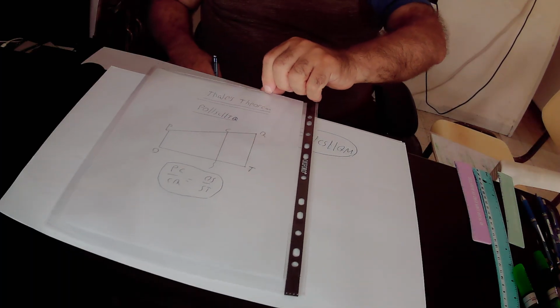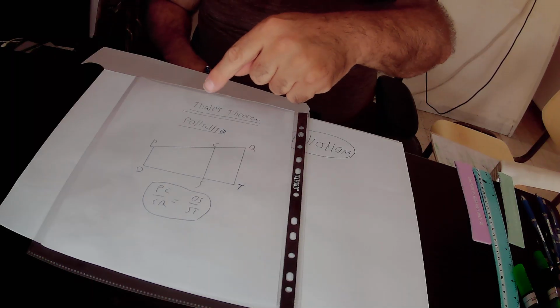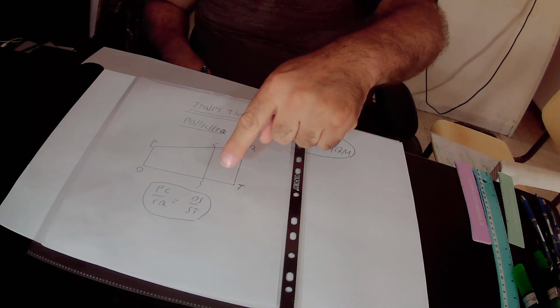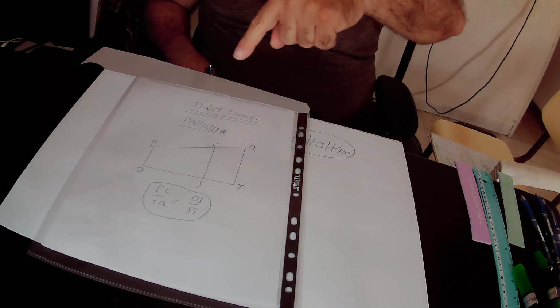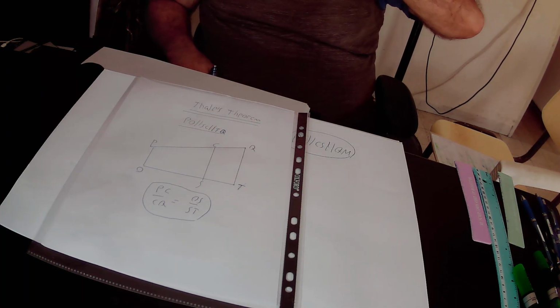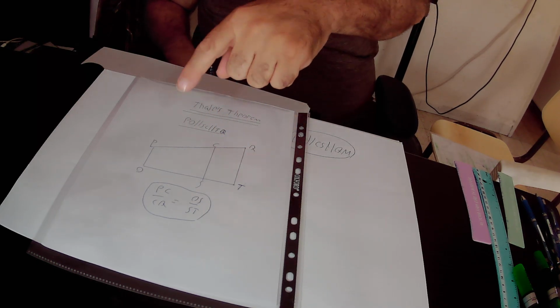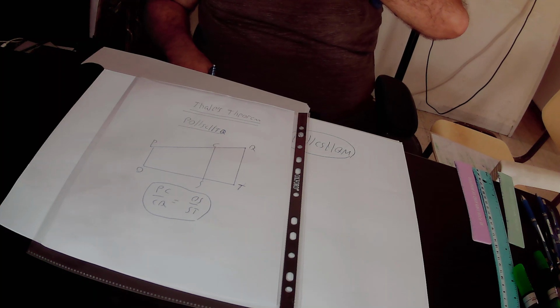According to Thales's theorem, here PO is parallel to CS is parallel to QM. Line segment PQ connects those three parallel lines together. Likewise, line segment OM connects those three parallel lines together.